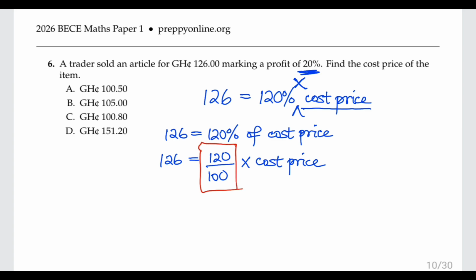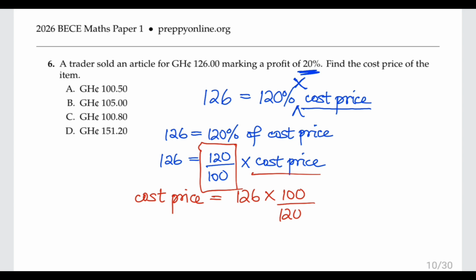If we multiply both sides by the reciprocal of this fraction, the cost price is going to stand alone. So we're going to get the cost price is equal to 126 times 100 over 120. And so this is what we have to calculate.